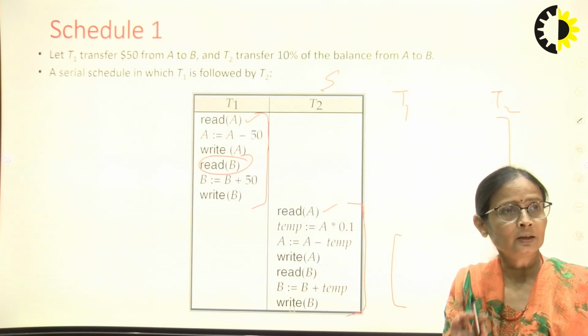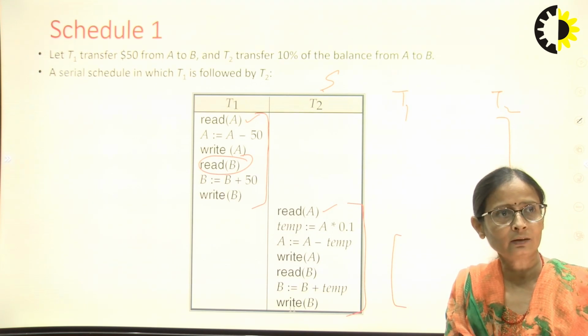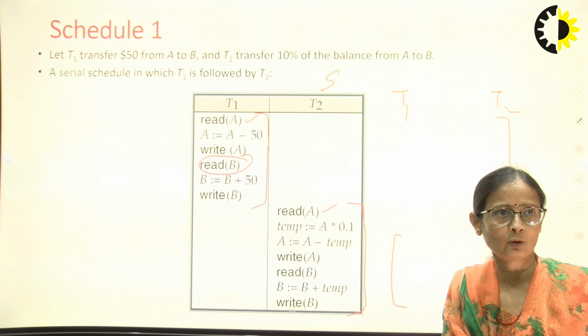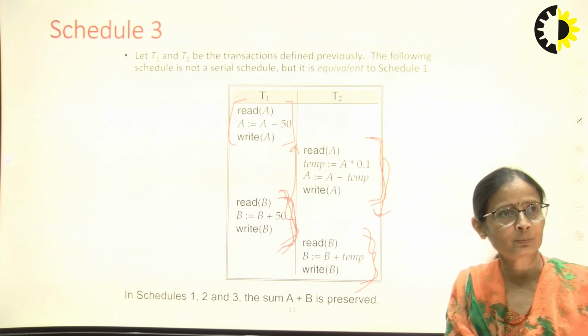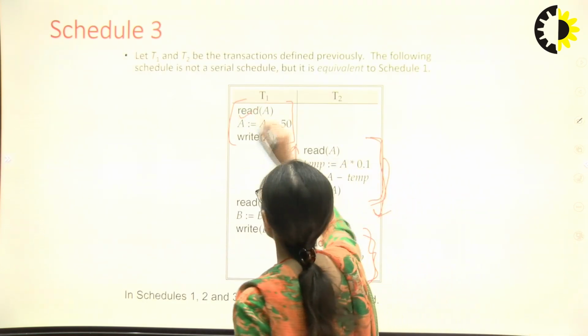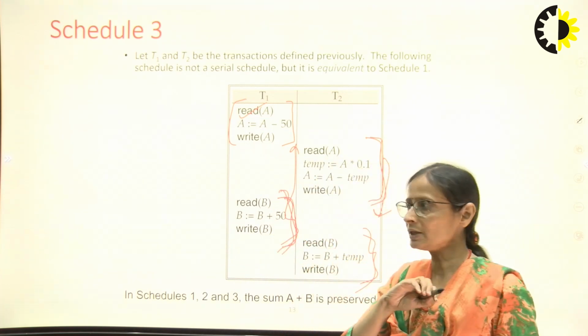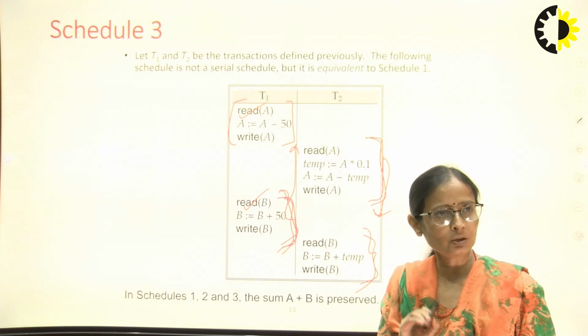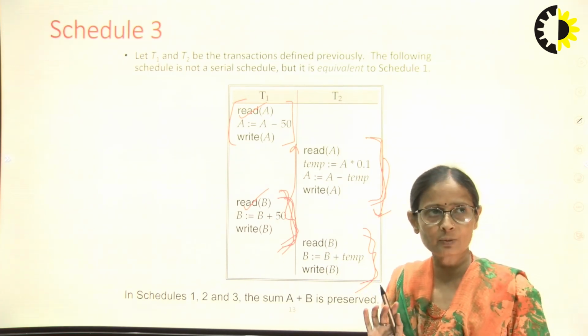T1 first reads the value of A, and it is also the first transaction to read the value of B. Here also T1 reads the A value first, and it is also the first transaction to read the value. That is, the first property is satisfied.